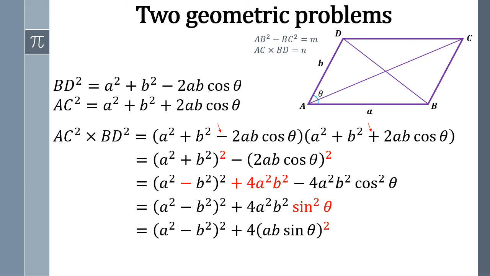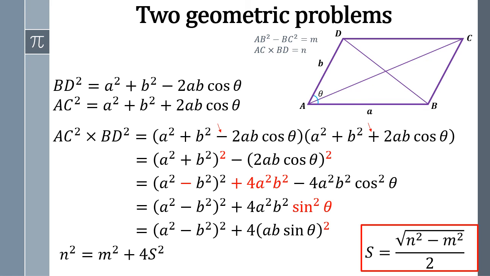That's great. This expression can be further written as n squared equals m squared plus 4s squared. And finally, s equals the square root of n squared minus m squared then over 2. This problem gets solved.